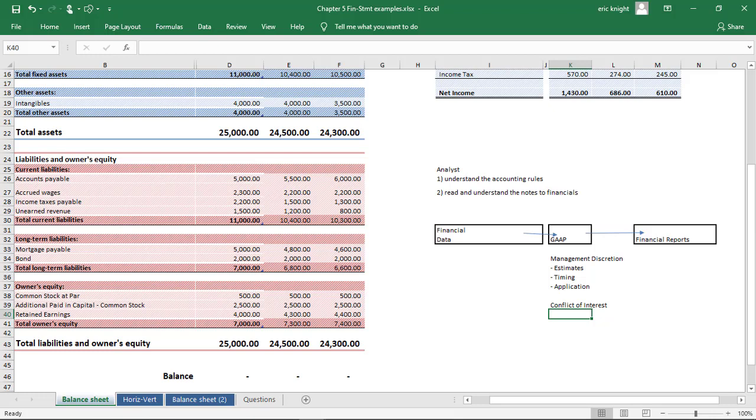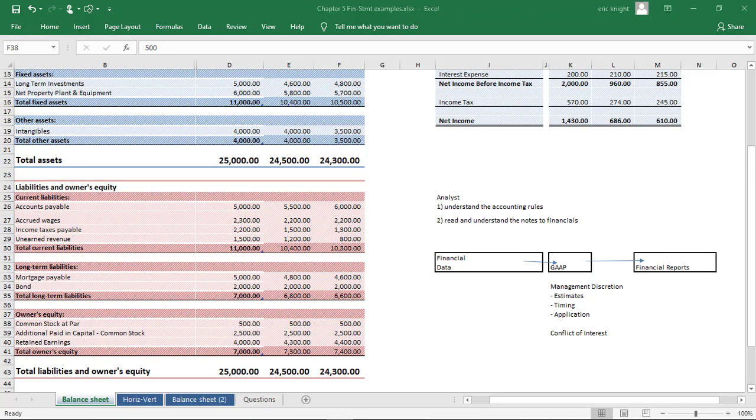And the financial statements are used by the investors and creditors to make decisions about what they want to do, whether they want to invest more money, pull their money out, lend them or not lend them additional funds. So they don't always coincide. That conflict of interest is an important thing for you to remember. By understanding the management discretions, we are able to better get a feel for how legitimate we believe the financial statements are.